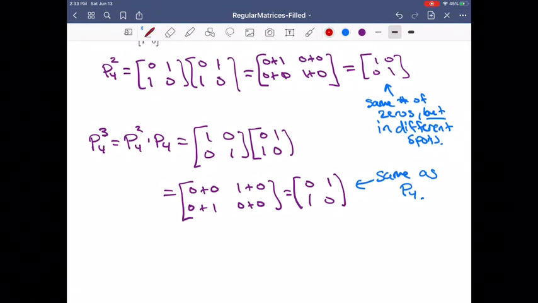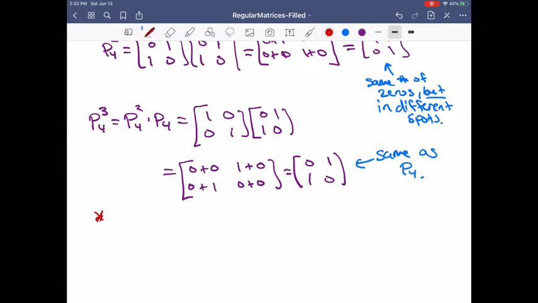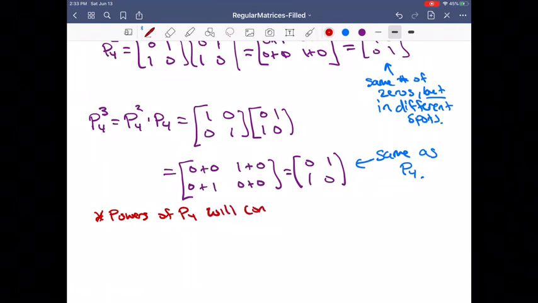So because we got this same distribution back, the powers of P4 will just continually cycle between these two forms.